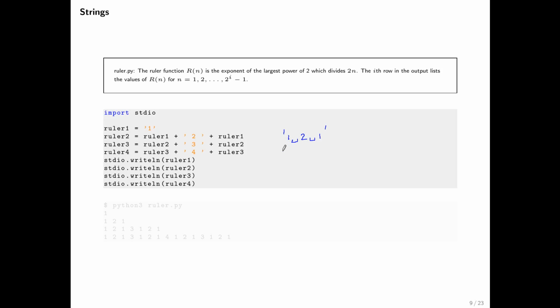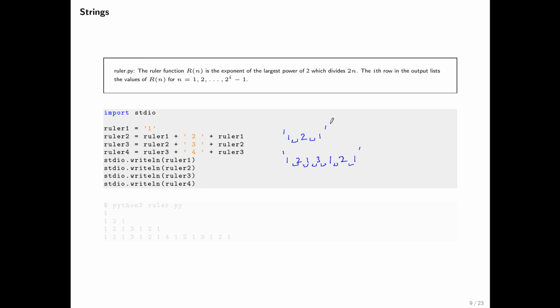So ruler3 is going to be 1 2 1 3 1 2 1, with spaces in between.